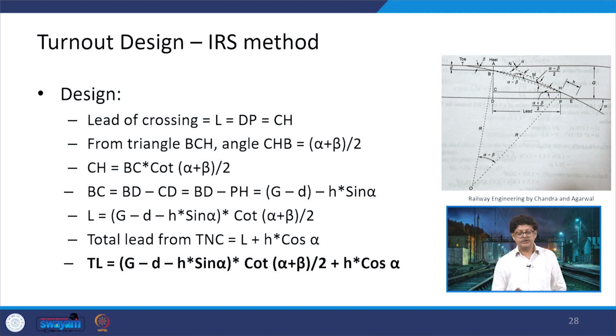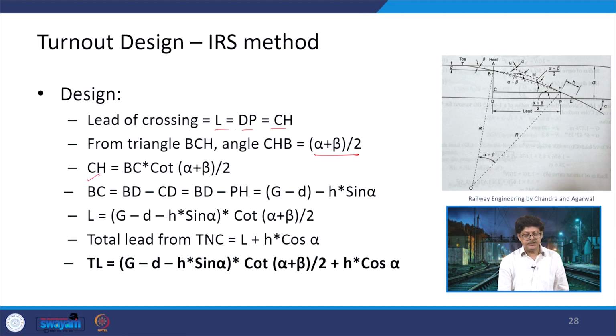So, the lead of the crossing L, dP, is equal to CH. This CH can now be worked out with respect to the triangle BCH. If we go into the BCH triangle and talk about the angle CHB, this angle CHB comes out to be alpha plus beta by 2. You can also try by yourself how these are coming.